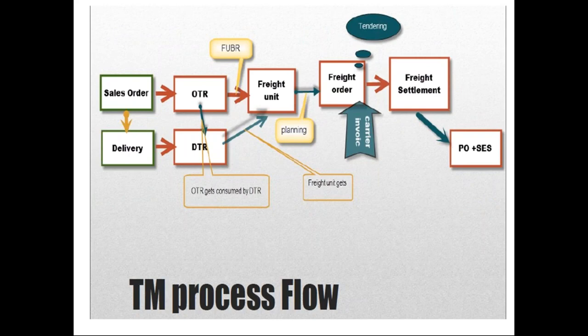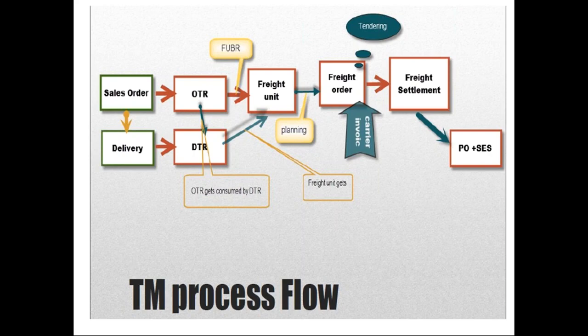Okay, so when you create a sales order from the R3 or ECC server, the sales order will come and hit your TM system as an OTR. OTR is nothing but an order based transportation requirement. That OTR will be used in a planning run, and under the planning run a freight unit will be created. So what is this freight unit?